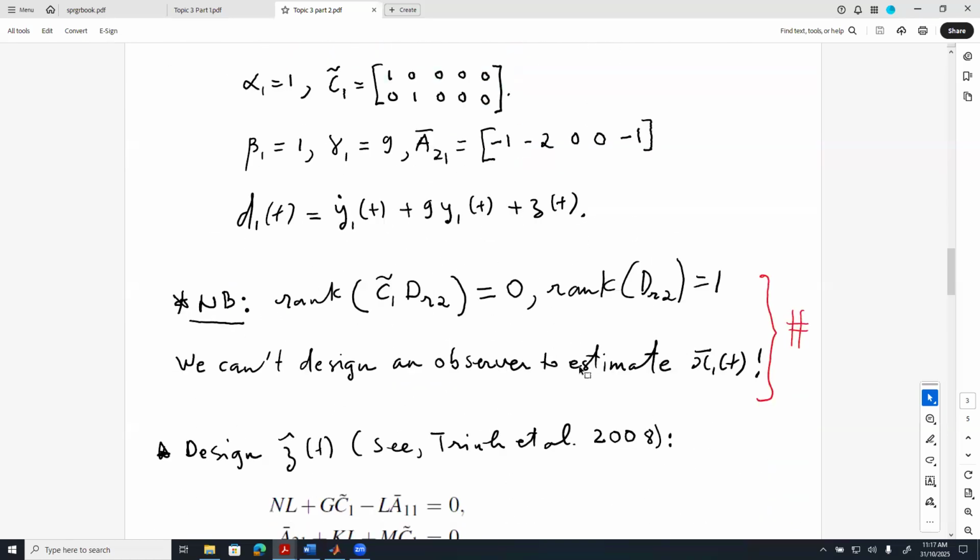However, this condition, the observer matching condition of the reduced order system, does not hold.